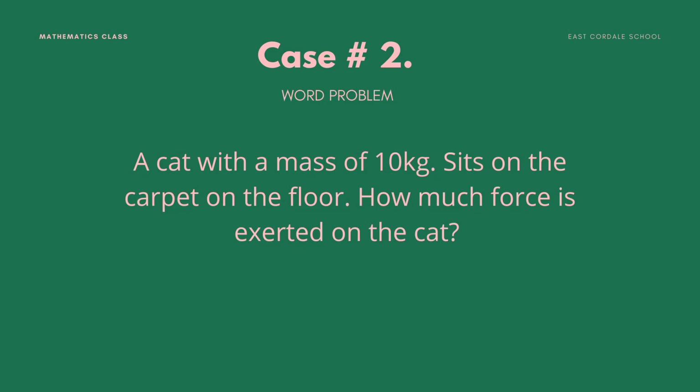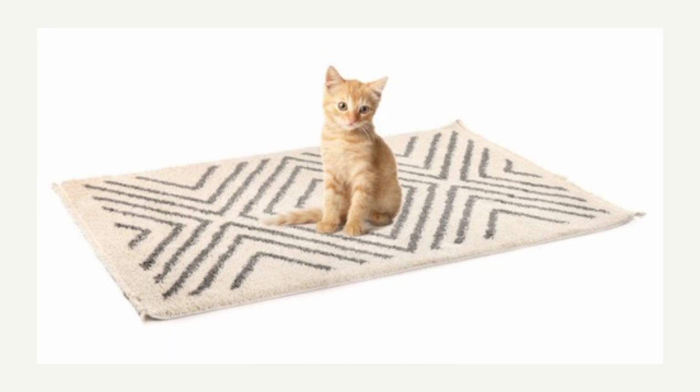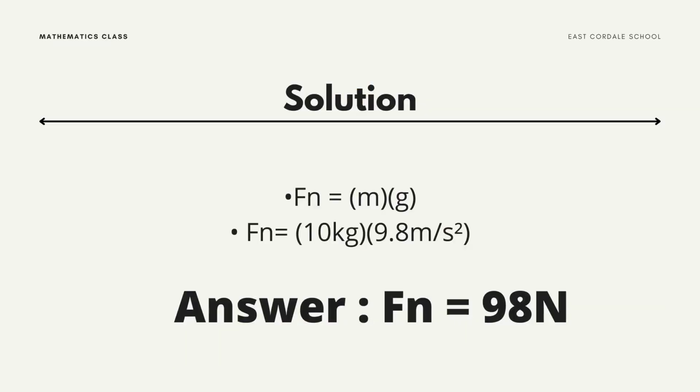Case number 2. The word problem is: a cat with a mass of 10 kg sits on the carpet on the floor. How much force is exerted on the cat? Solution: since the force exerted on the cat is the normal force, we're going to use 9.8 meters per second squared for gravity.